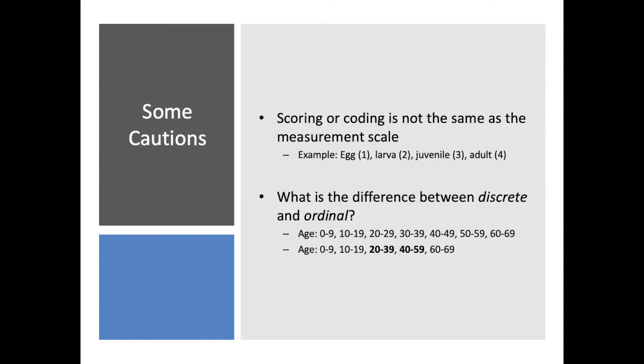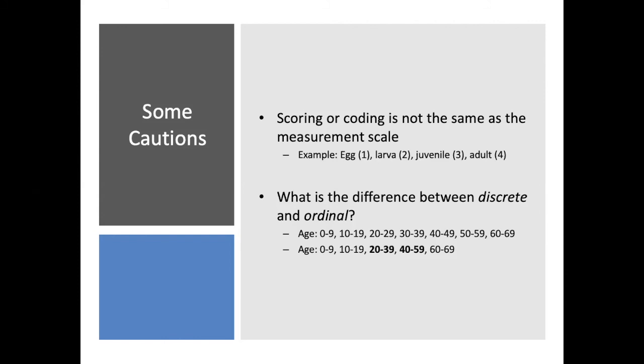But if we took two of those decades and lumped them together into a new category, we would no longer have a discrete numeric variable. Instead, we would have an ordinal variable.